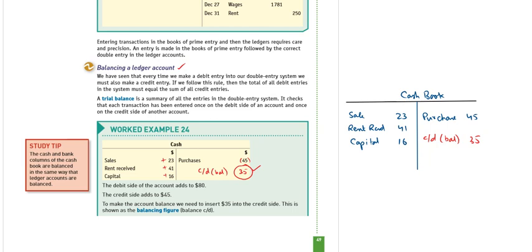So we close this ledger by applying two double lines. These two double lines mean that our account has closed. So what's the total value of this? 23 plus 41, 16. Answer is 80. So 80 is the debit and 80 is the credit.